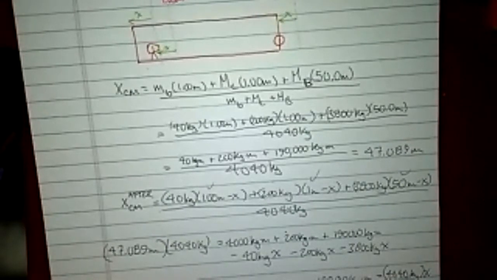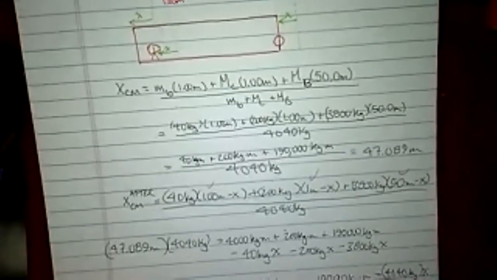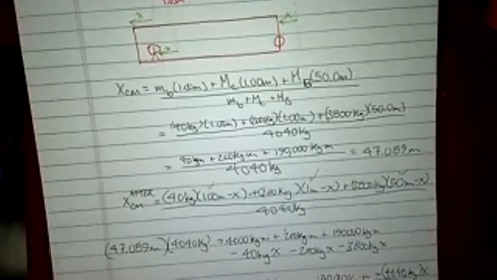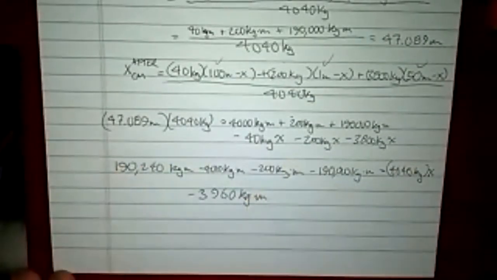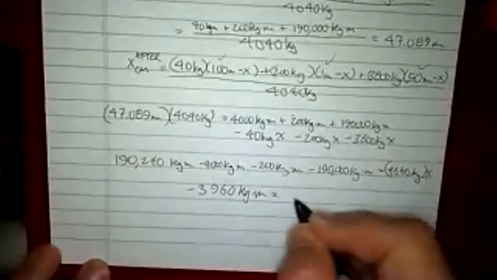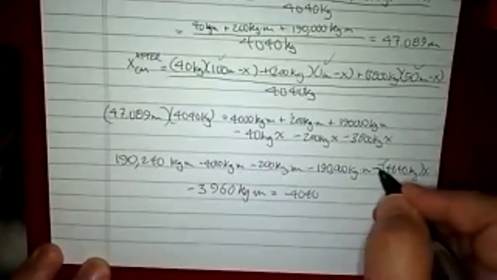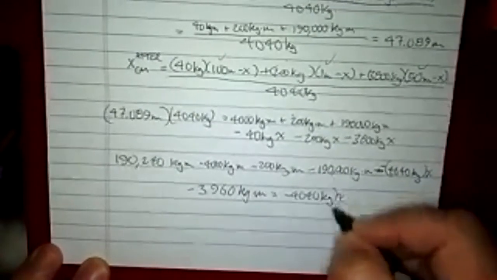So when I do all that math, it turns out that I have negative 3,960 kilograms times meters. That's from adding up all this stuff, is equal to negative 4,040. This was a negative here, plus these all add up to be negative, kilograms times x.